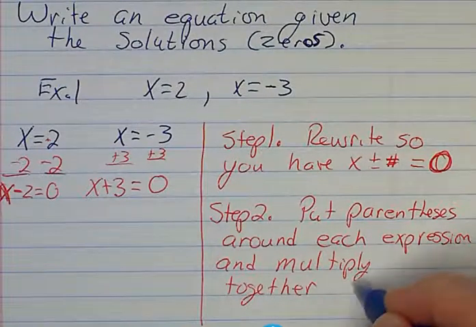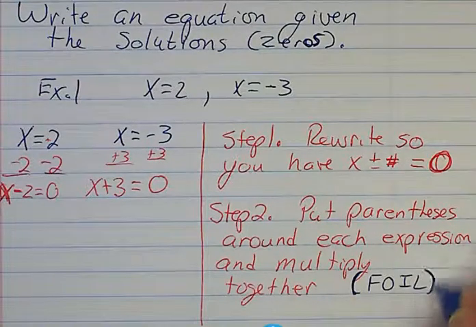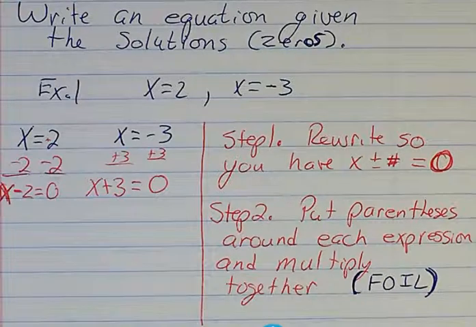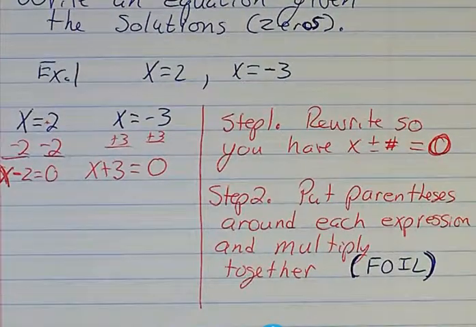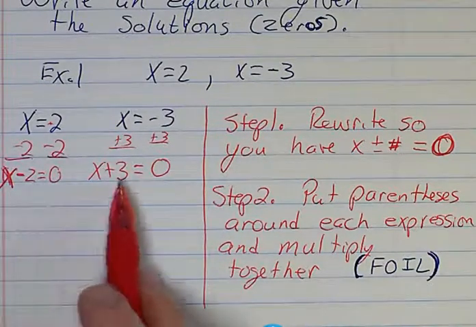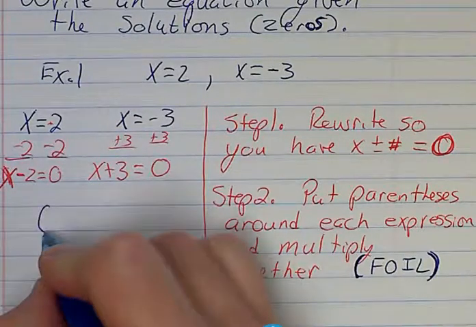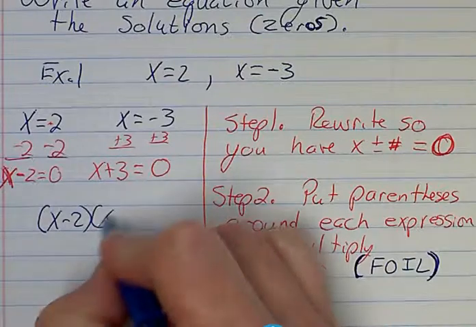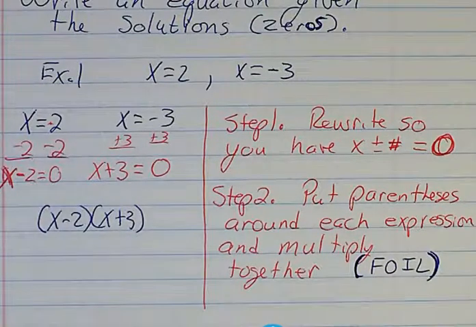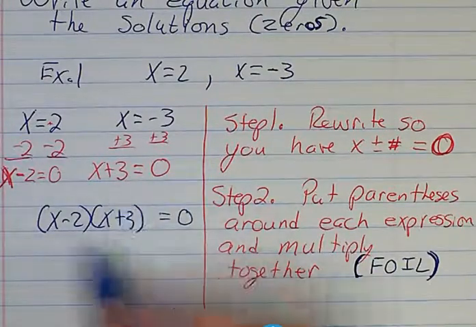And when we're talking about multiplying in this case, that means we're going to do the full method. So once we've got x minus 2 equals 0 and x plus 3 equals 0, we take those two things, put parentheses around the x minus 2 and the x plus 3, and that's the part we're going to multiply together. Because they're still equal to 0, we put equals 0 at the end, but really we're focusing on doing the full method here.